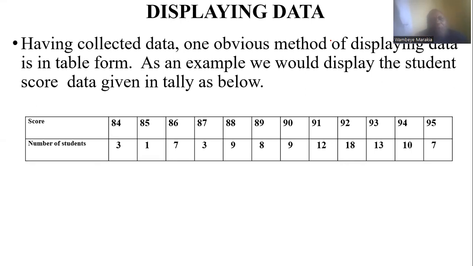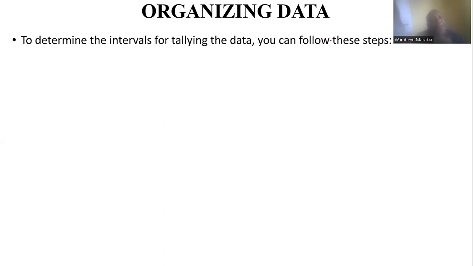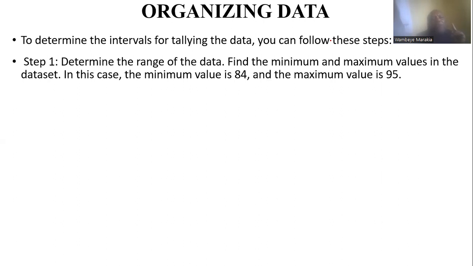And how do we proceed when grouping such data? There is a process, a way in which we group this data. We first of all determine the interval for tallying the data, and you follow the following steps. The first step is to determine the range of the data.